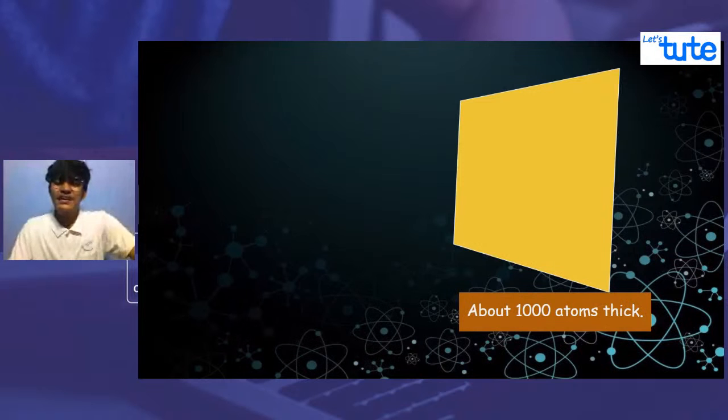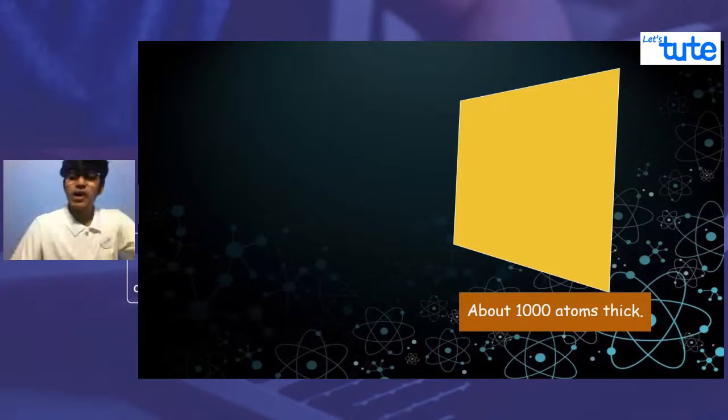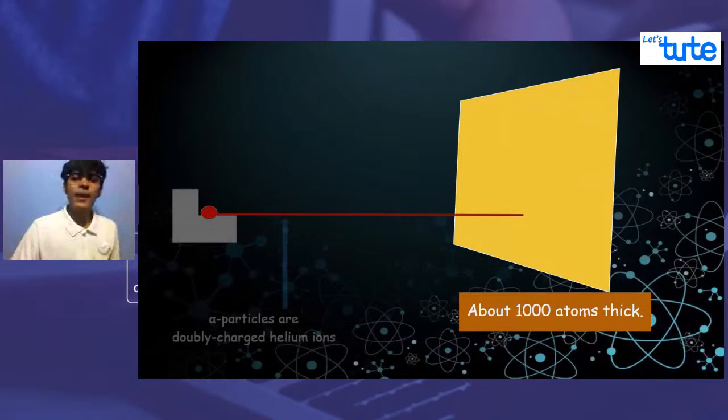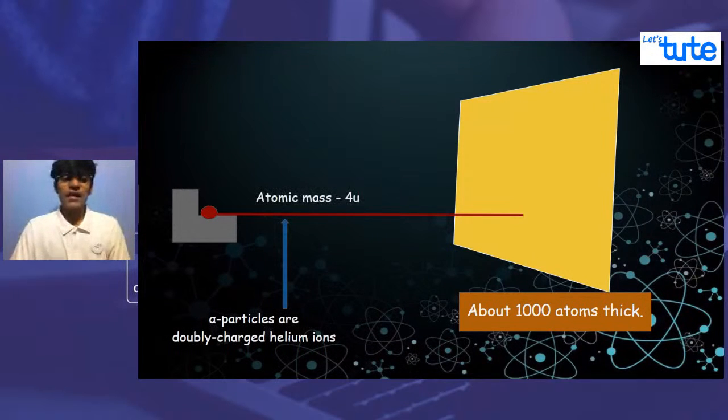There was a gold foil about 1,000 atoms thick. He had alpha particles and made them fall on the gold foil. These alpha particles were actually doubly charged helium ions, which are positively charged, and their atomic mass was 4u.